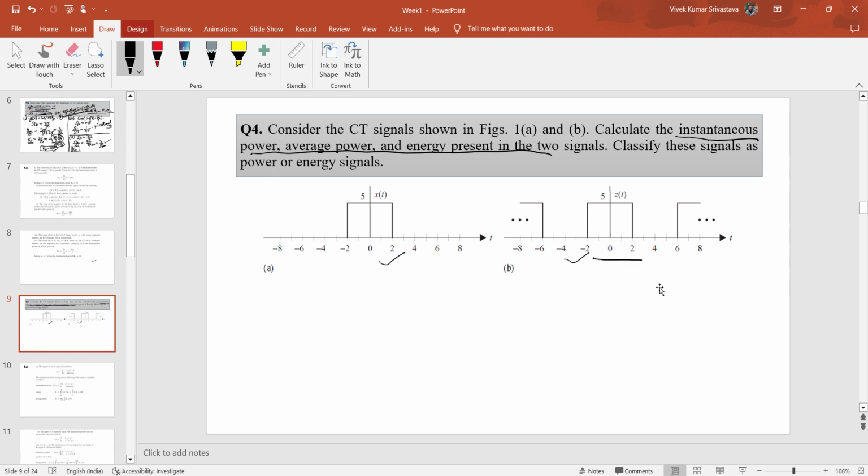Here, after a period of 8 seconds, this signal repeats itself. So that's why this is a periodic signal, and every periodic signal is a power signal.